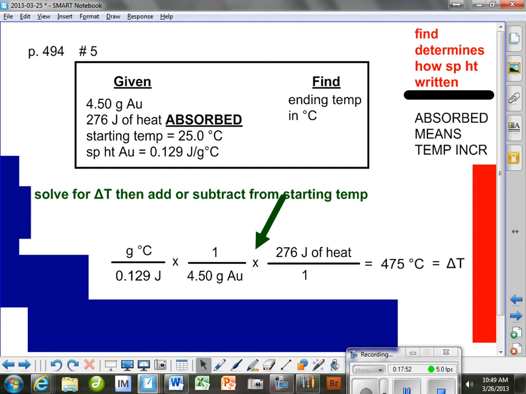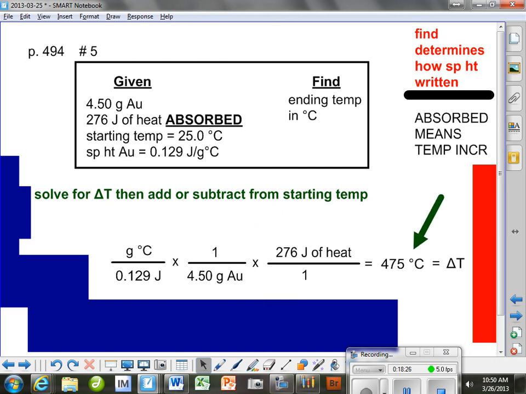Okay, and that number is not the final temperature. It's not the ending temperature. It's the delta T. So, Samantha, not with us anymore. Johnny, you're on. How are we going to figure out our ending temperature? We know what the temperature change is. We know what the starting temperature was. How are we going to get the ending temperature? Okay, let's think for a moment.